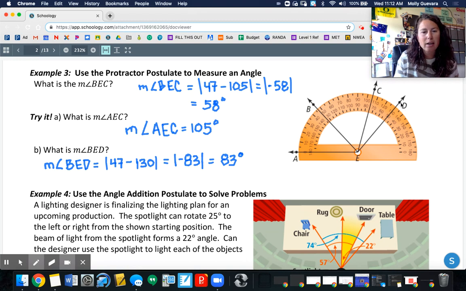Point D is at an angle of 130. So 47 minus 130 is negative 83. And then the absolute value of negative 83 is just 83. And then don't forget your units of degrees. So hopefully that's making sense. Again, if not, reach out, and we'll move on to example 4.